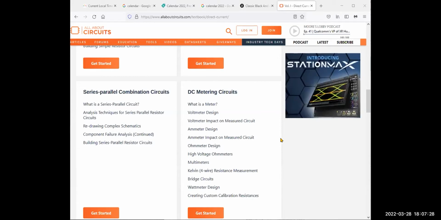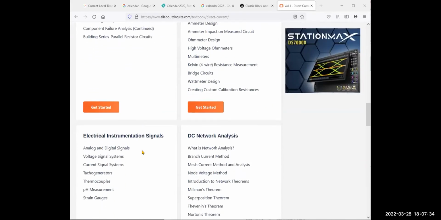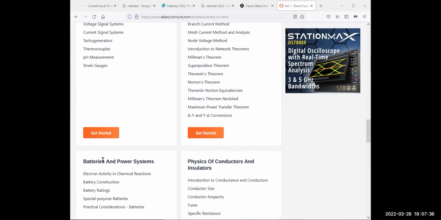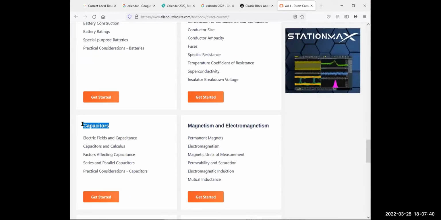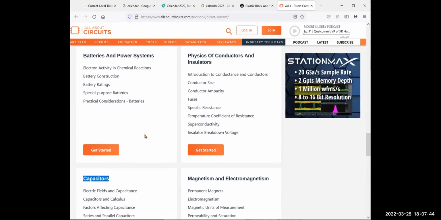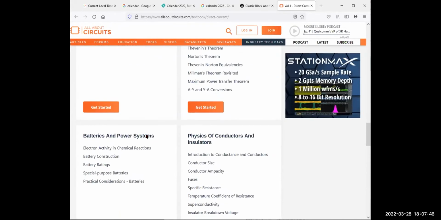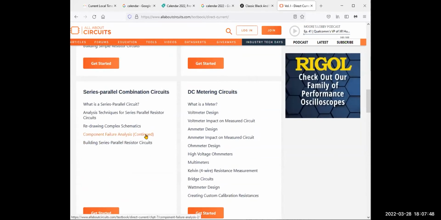The next new lecture is on April 18th, almost three weeks from now, and we are moving to capacitors. We're going to cover the capacitor chapter. Any questions before we begin today's lecture? We begin with chapter 7 today, series parallel combination circuits.